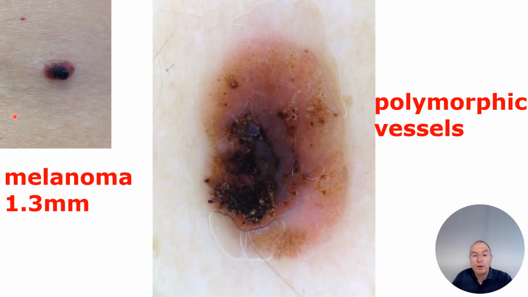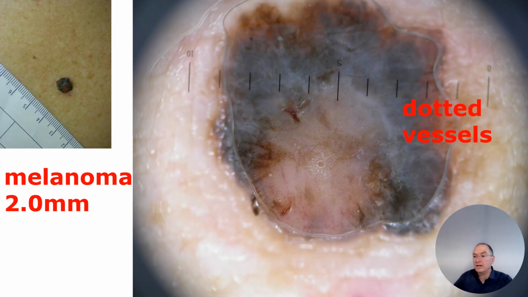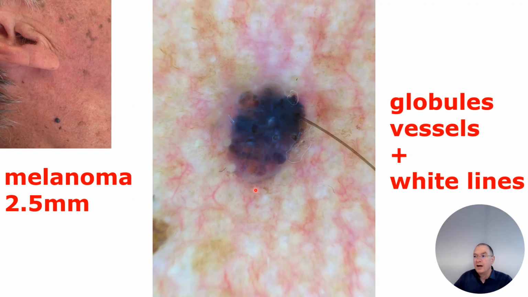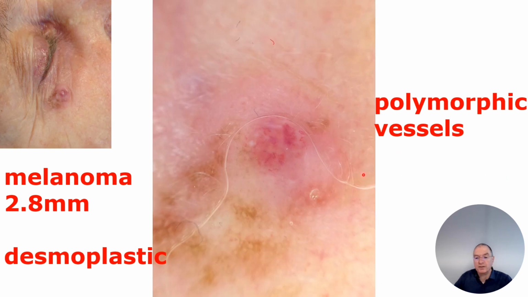Getting more and more easy. Polymorphia of vessels here, 1.3, 2 millimeters, dotted vessels. Glomerular-like vessels or lacuna-like vessels, however you want to call them, and white lines, and a hair inside. 2.5 millimeters tumor thickness.